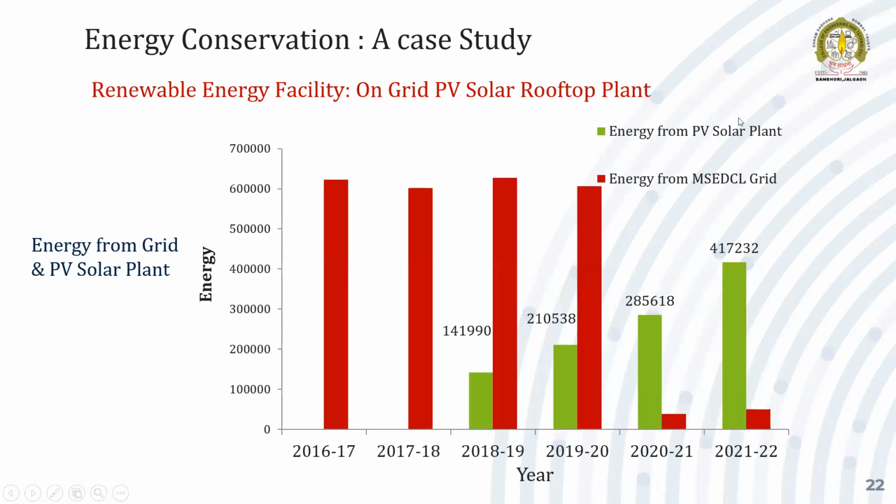Now this is the energy for the last 4 to 5 years, from the grid and the PV solar plant. In 16-17, we did not have any type of renewable energy. In 17-18 also, but in March 2018, we installed our first 100 kilowatt solar plant.